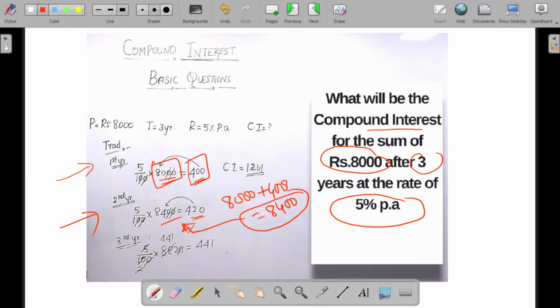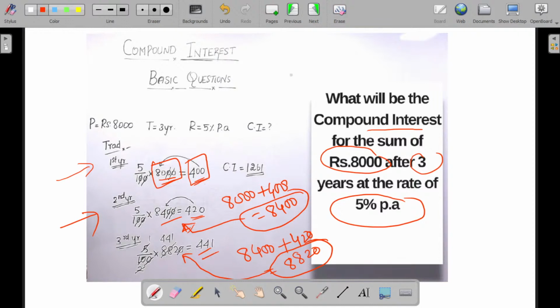Now, in the third year, the principal is 8,400 plus 420, so 8,820. Now this is the principal for your third year. 5% of this is 441.